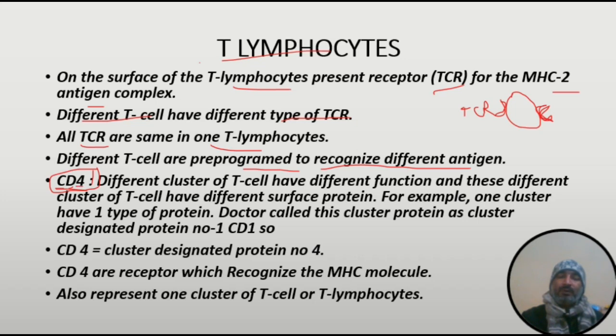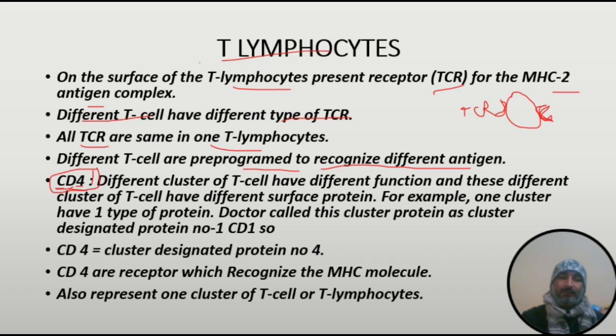So on the surface of T cells which have a specific cluster, there is a protein, and that protein is called CD4, meaning cluster designated protein number 4. So they are all T helper cells.